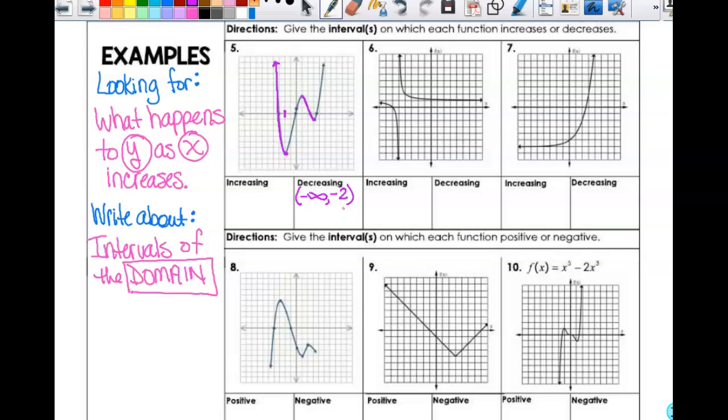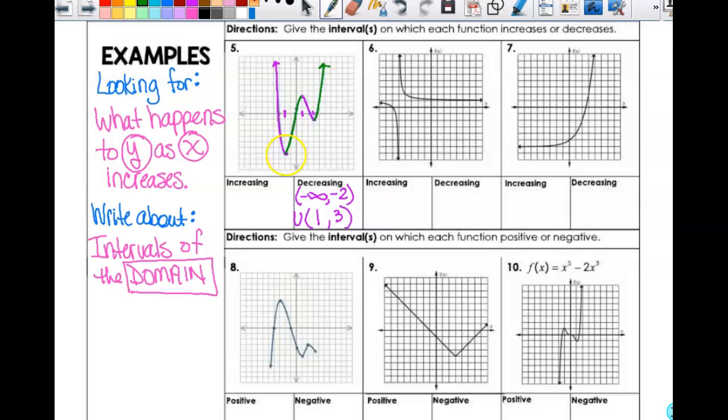I'm going to have more than one interval, so I union it together. And then I start over decreasing again when x is 1, and it decreases until x is 3. Everybody okay with that? So then I'm increasing. As I go from left to right, my y values get bigger here, and they get bigger here.